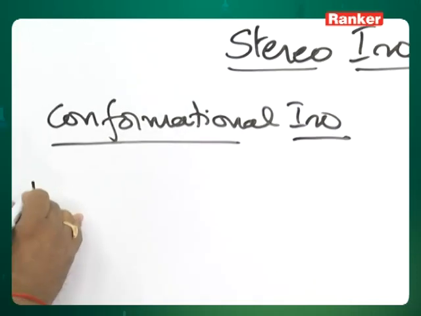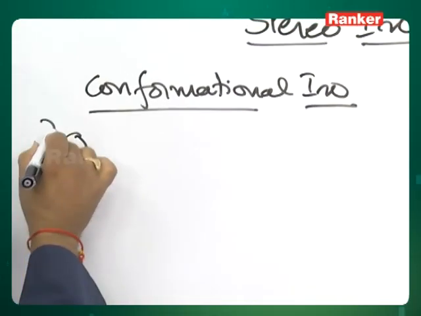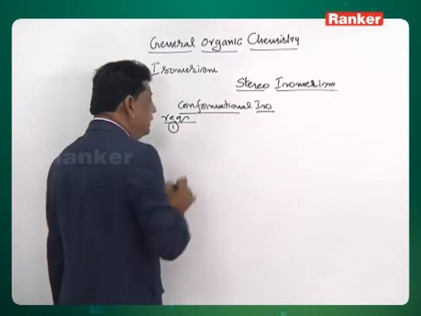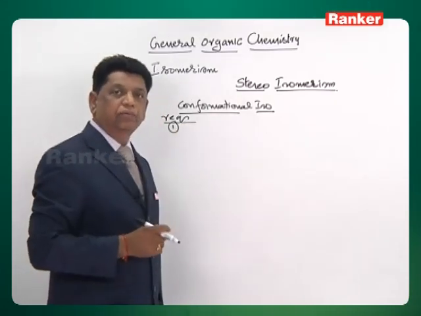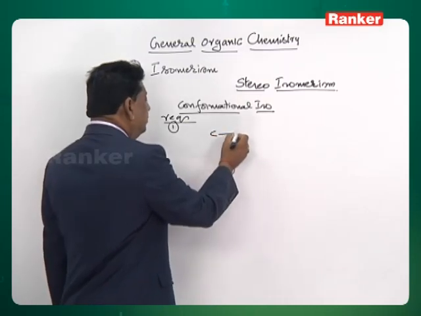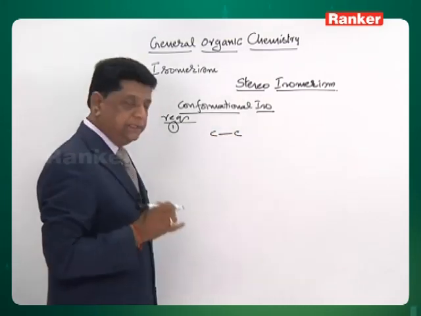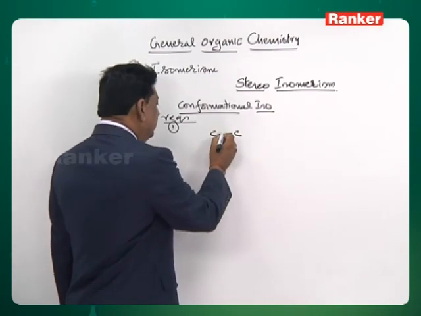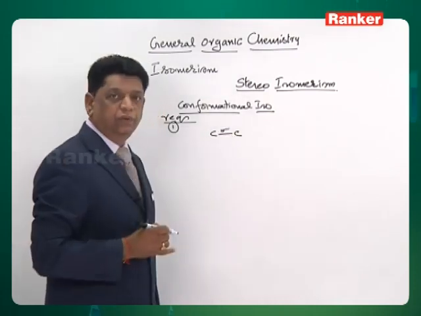Conformational isomerism. The requirement for this isomerism, when you will get conformational isomerism, the first condition is that there should be two carbons attached with a sigma bond. A sigma bond should persist between the two carbons.